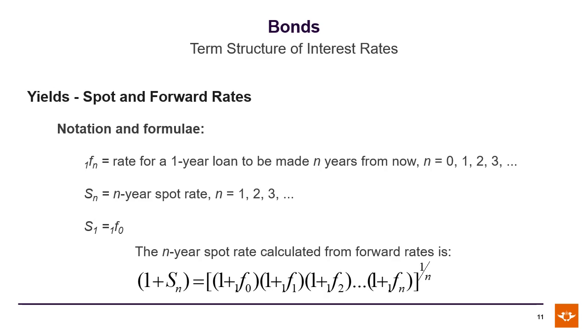So n can be either 0, which means it's an interest rate for a loan being made now, which is the same as a spot rate, or it can be 1, 2, 3, and so forth, and that's the 1-year forward rate for a loan that is going to be made n years from now. S subscript n is the n-year spot rate, and as I mentioned, S1 is the same as 1F0, that is the spot rate today. And you can calculate the n-year spot rate from forward rates using the formula below.